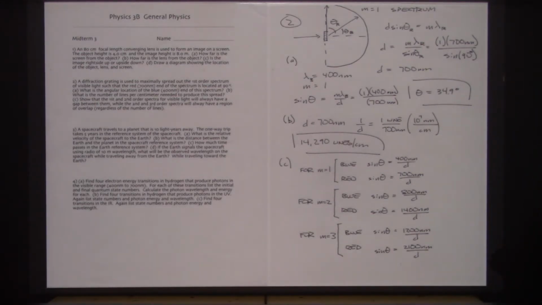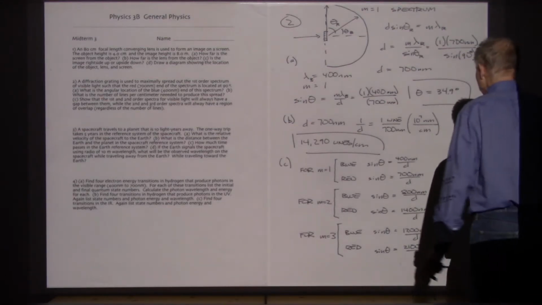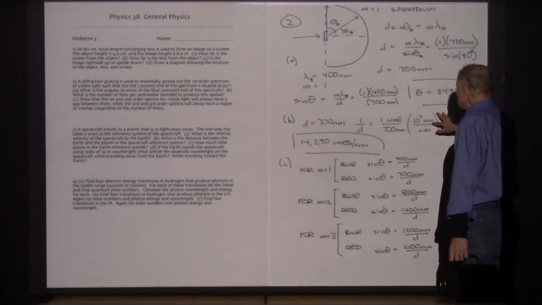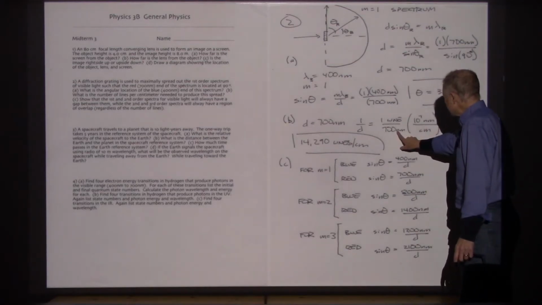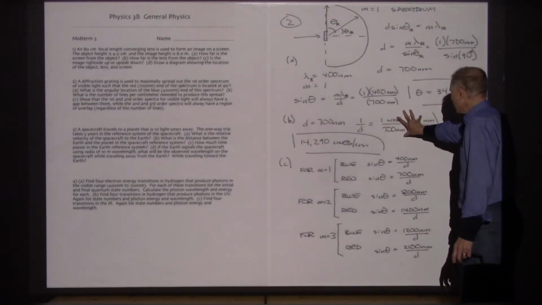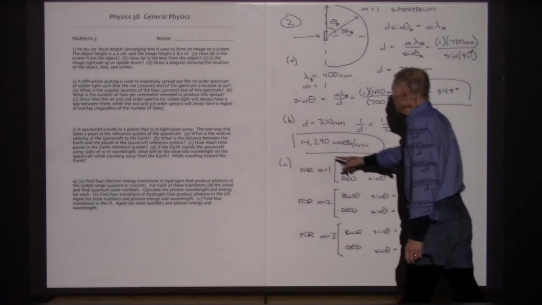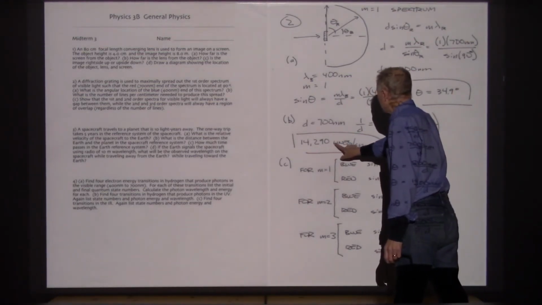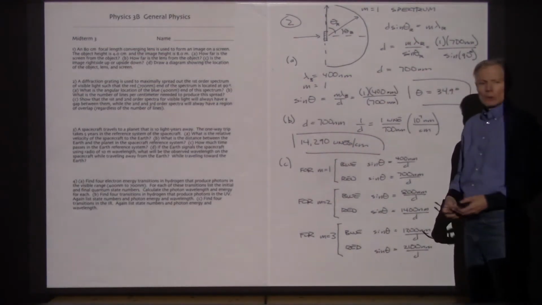There's 10 to the 2 centimeters in a meter, and there's 10 to the 9 nanometers. So 10 to the 9 divided by 10 to the 2 would be 10 to the 7. And the nanometers in this calculation will cancel out. I just make sure all these numbers go into my calculator, and it says 14,290 lines per centimeter.